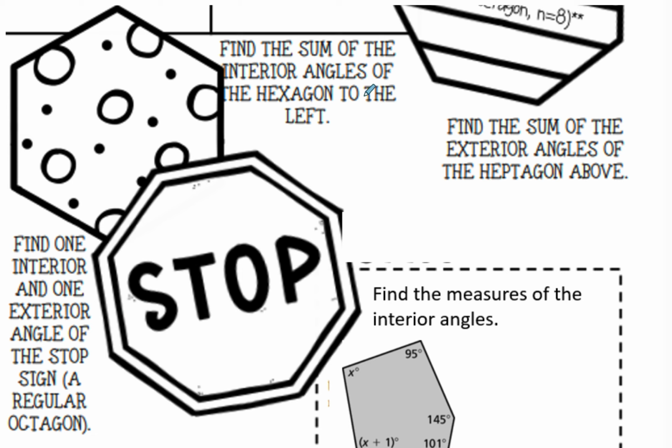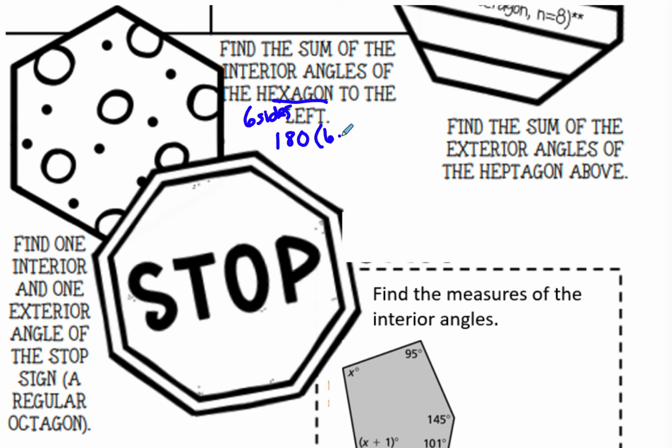Over here it says find the sum of the interior angles of the hexagon to the left. Hexagon means 6 sides. So for the sum of the interior angles, we're going to subtract 2 from our number of sides, and then multiply times 180.